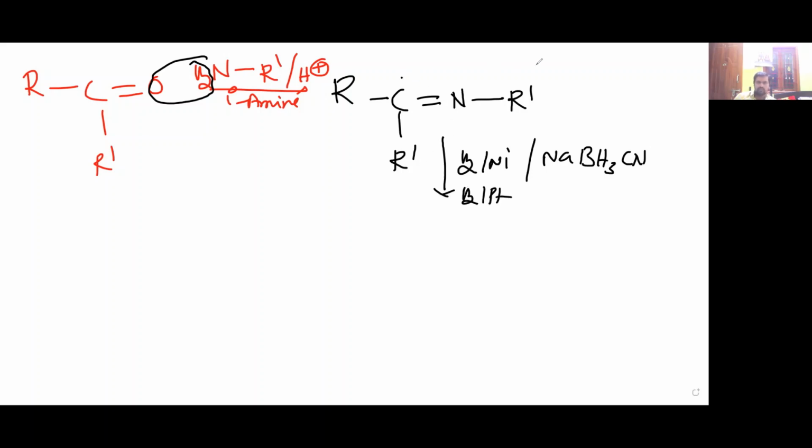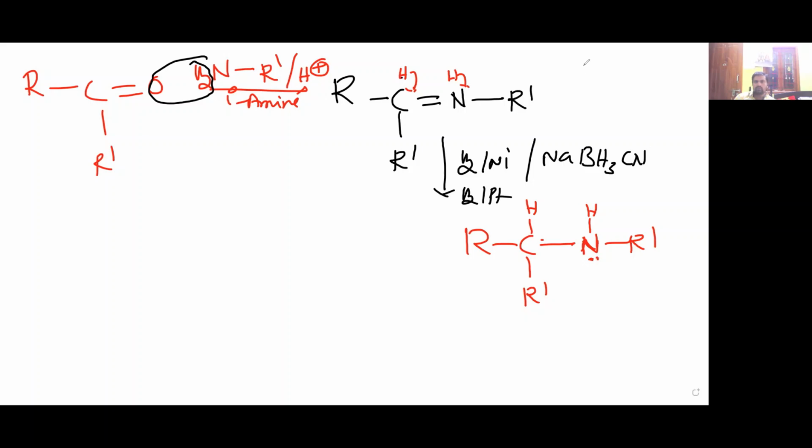Same thing: how many hydrogens are added? One hydrogen is added to carbon, another hydrogen is added to nitrogen. Then you get R, C, R dash with hydrogen, and here N, H, R dash. Remember, the nitrogen is connected to how many alkyl groups?